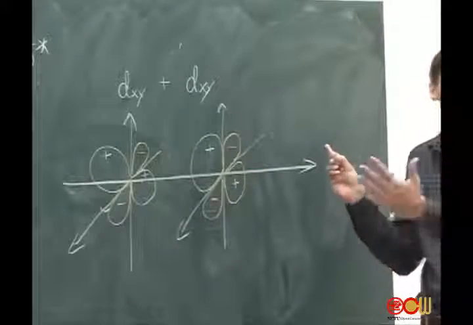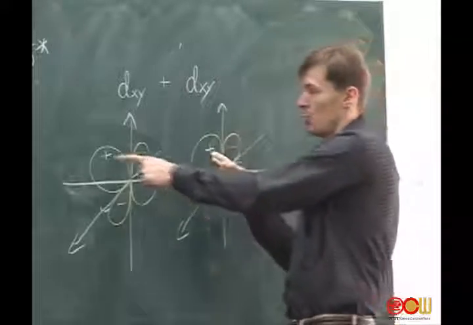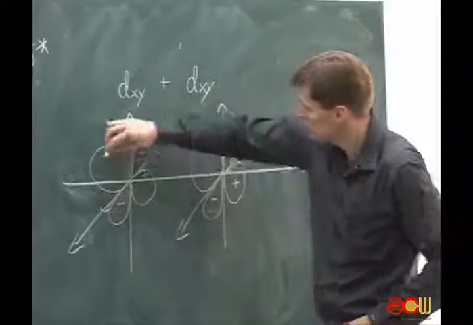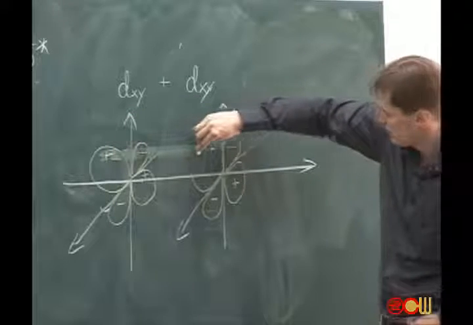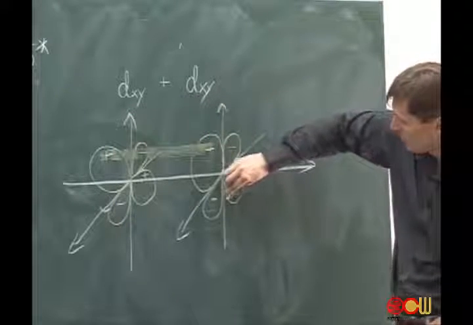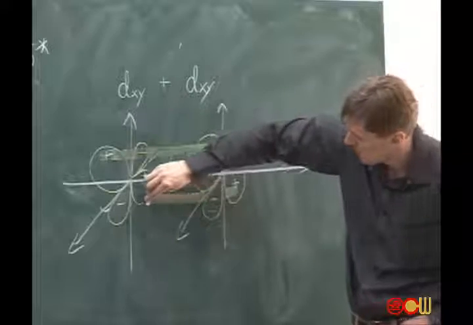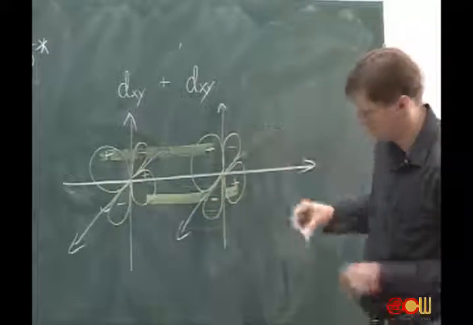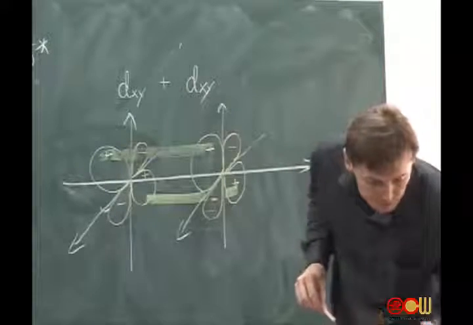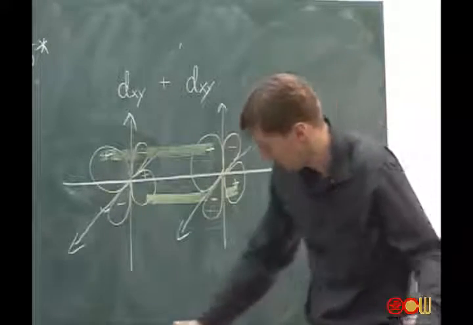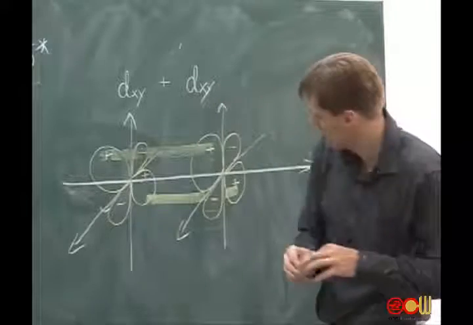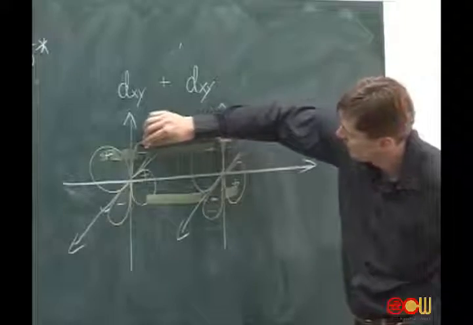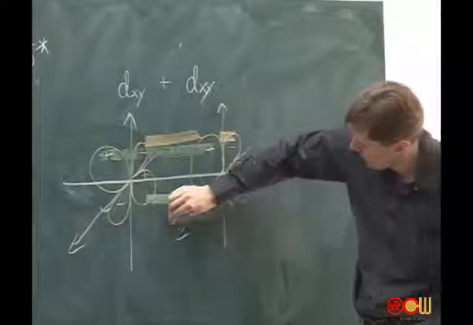Okay, when they come together with the plus sign, the plus and plus overlap. There is a bond between these two. There is a bond between this. Now this orange also makes a bond, and this orange also makes a bond.